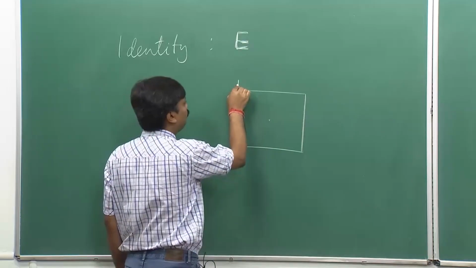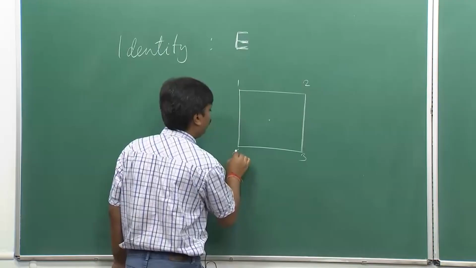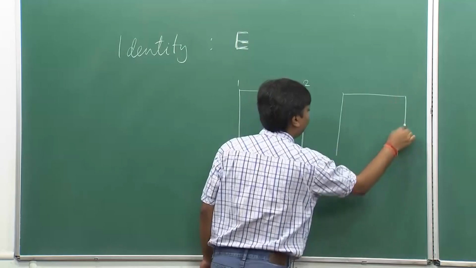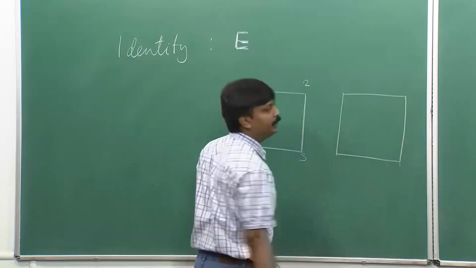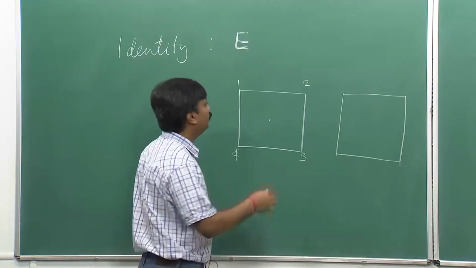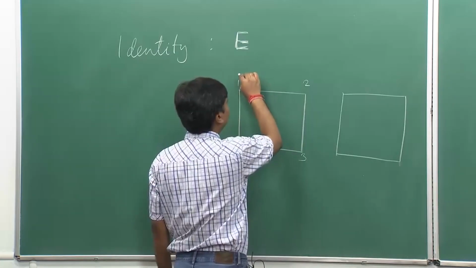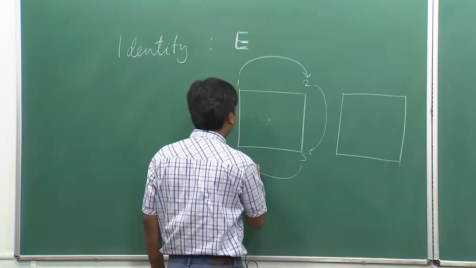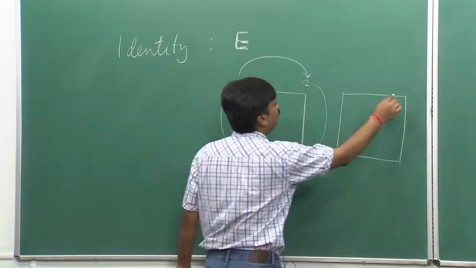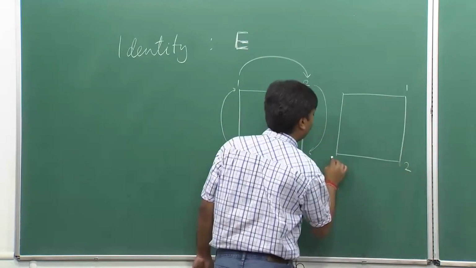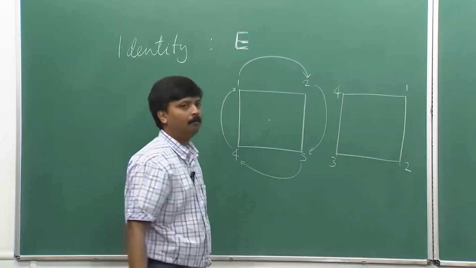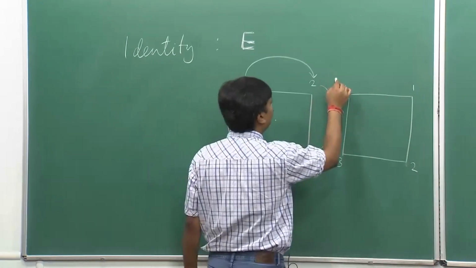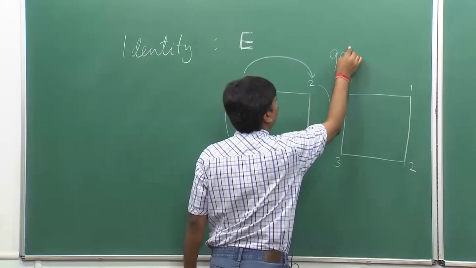If I mark 1, 2, 3, 4, you have already seen it for the triangular case, you have another square, because a square is not going to be changed to a triangle, right? A square will remain a square. So when you give a 90 degree rotation, 1 will come here, 2 will go here, 3 will go here, and 4 will go here. So ultimately what you have is this 1, 2, 3, 4. Until and unless you have these numbers, you have an indistinguishable structure, that is a square. And this is done by a rotation by 90 degrees.